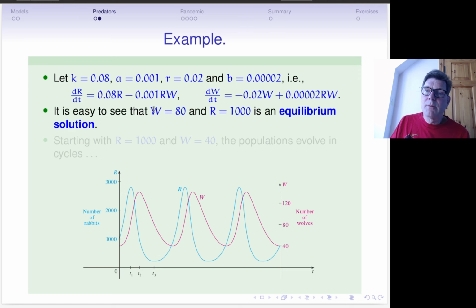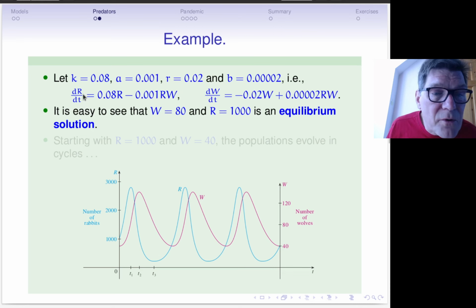Look for stable values of R and W, which won't change over time. No change is, the derivative is zero.